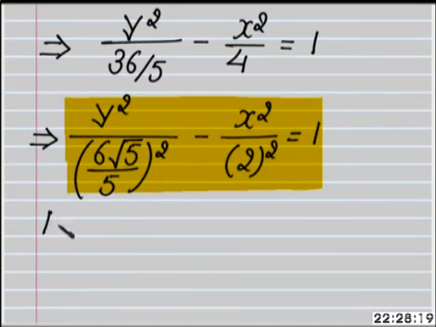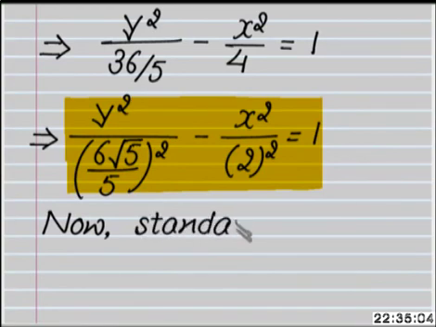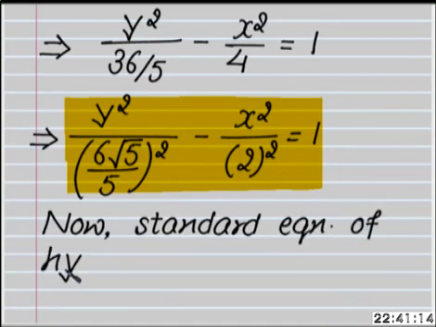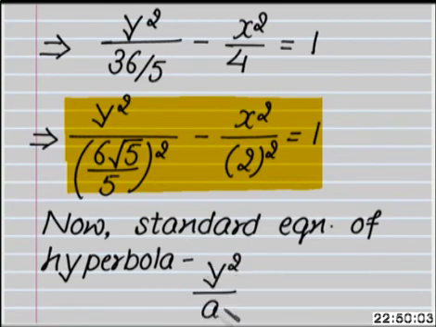Now the standard equation of hyperbola is y² upon a² minus x² upon b² equal to 1.